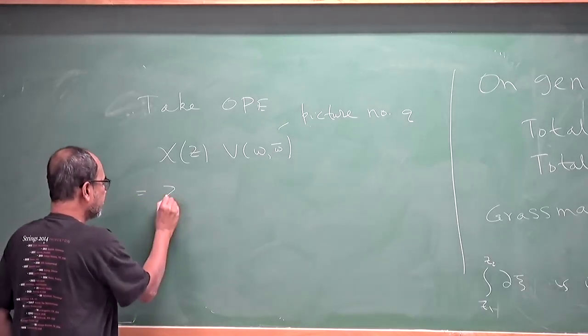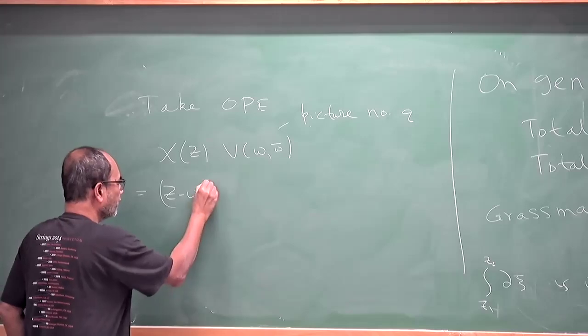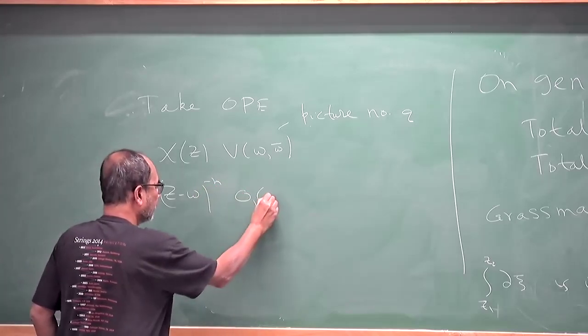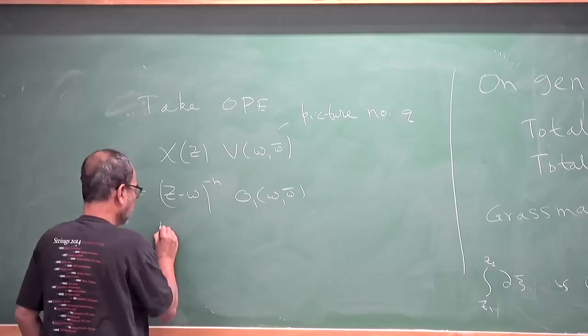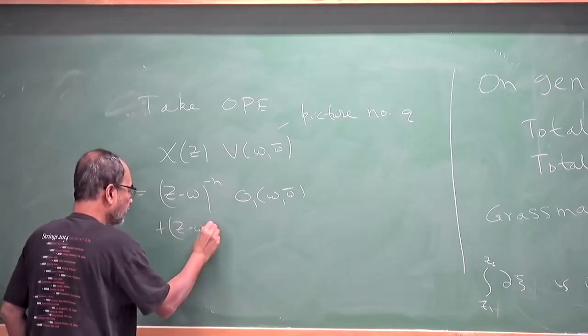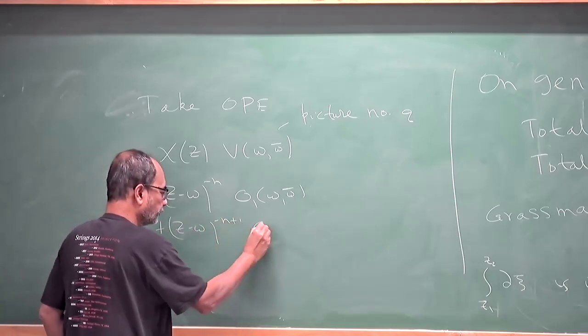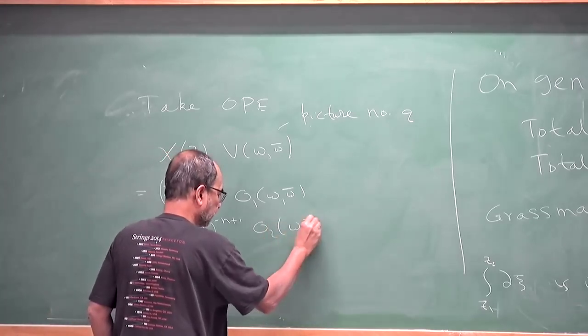This I can expand as (Z minus W) to the minus N times O1 of W bar, plus (Z minus W) to the minus N plus 1 times O2 of W bar.